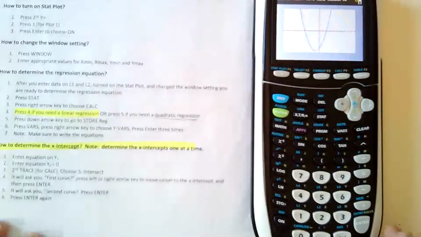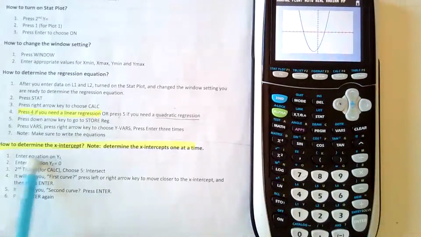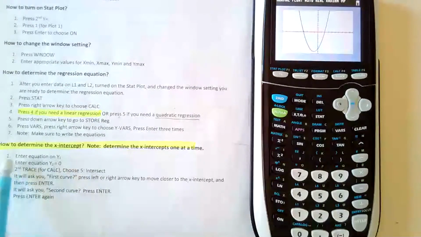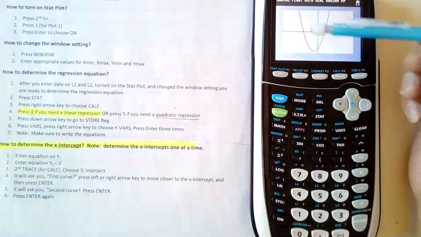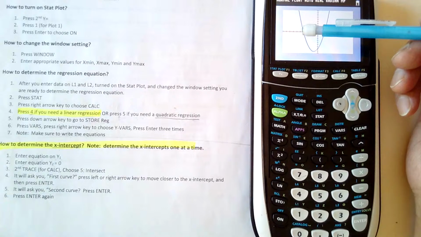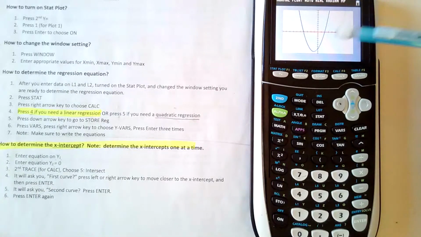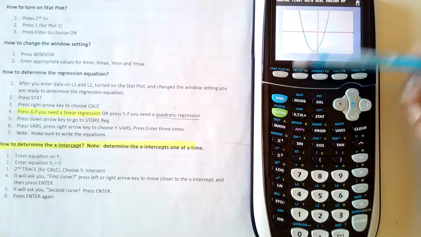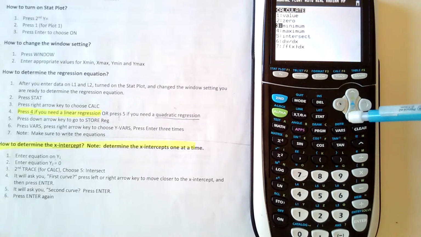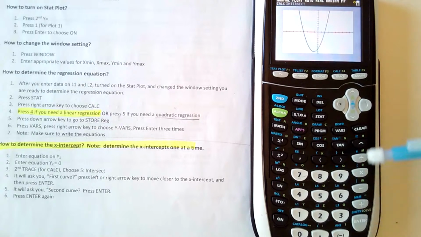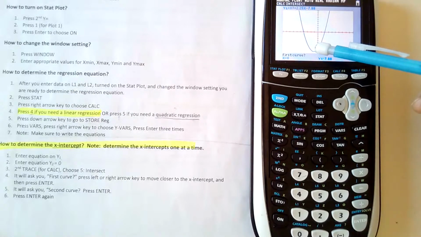So now we have those done. We're going to go to our instruction sheet. So we completed 1 and 2. Now we go to number 3. So let's find the x-intercept in the negative part of the graph. So where x is negative. So second trace, we go to intersect number 5, press enter. Notice your cursor is flashing here. We want to move it from here. That's our y-intercept.